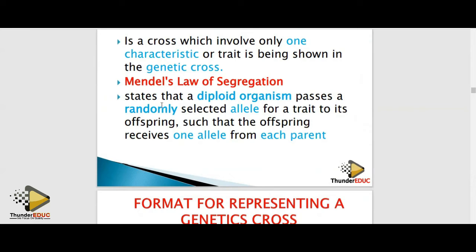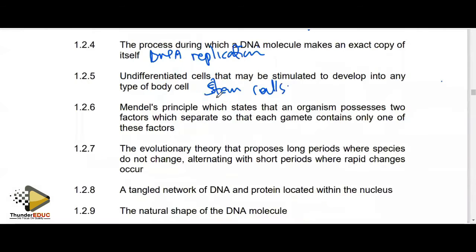Mendel's law of segregation states that diploid organisms pass randomly selected alleles for a trait to their offspring, such that the offspring receives one allele from each parent. So the question is asking about the principle which states that the organism possesses two factors which separate, so that each gamete will contain only one of these factors.